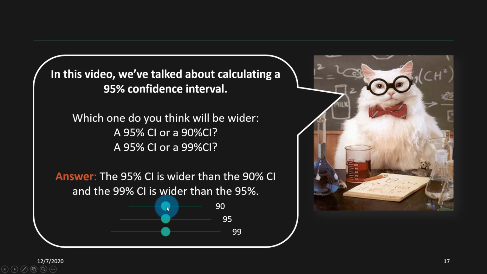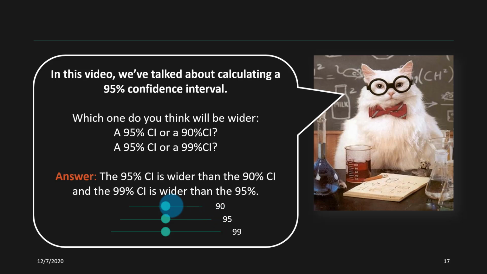Hopefully that's the answer that you came to, but you can think about it in these terms. Each of these is separating the middle part of a distribution from the extreme tails. So we started with the 95% confidence interval, and it was separating the middle 95% from the extreme 5%, putting 2.5% in each tail.